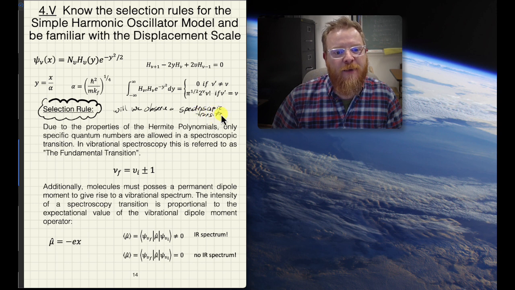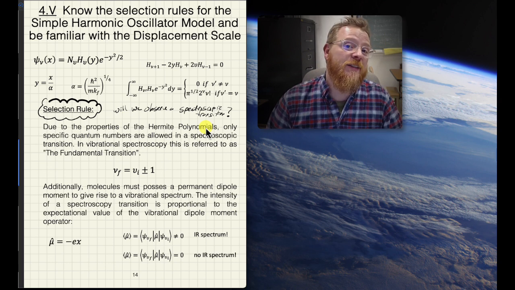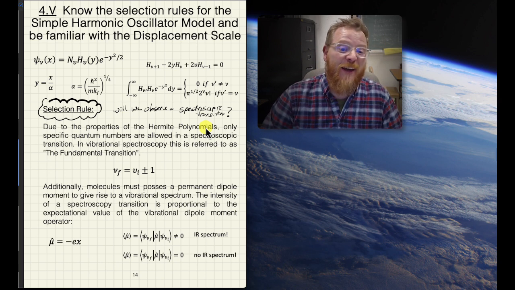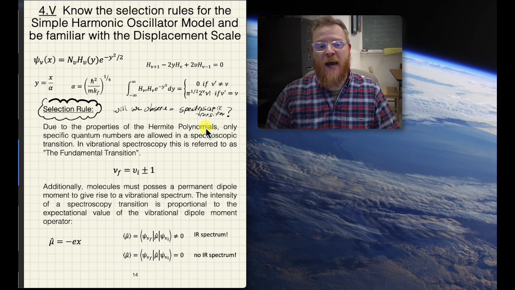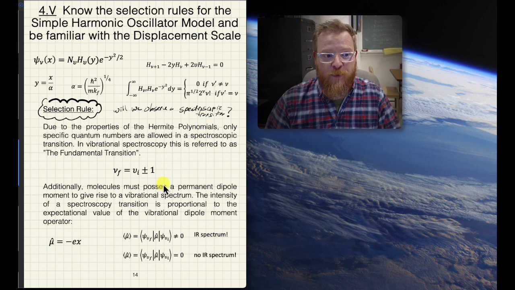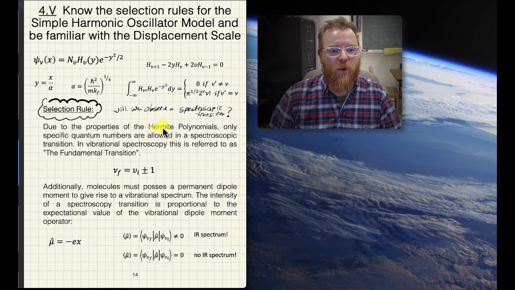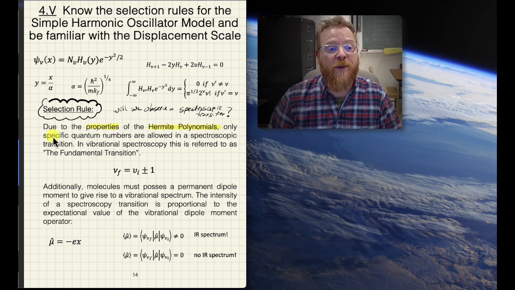Okay. And if the selection rule is followed, then we will see that spectroscopic transition. If it's not followed, then we will not. So the first one to talk about, which we're not so familiar with, is due to these Hermite polynomials. So we'll highlight some key words here. Due to the properties of the Hermite polynomials, only specific quantum numbers are allowed in this spectroscopic transition.